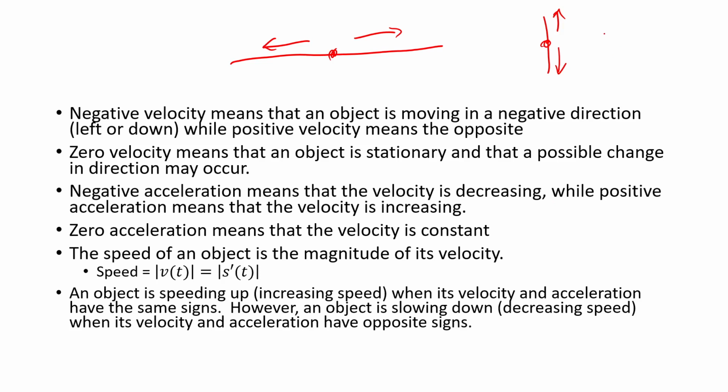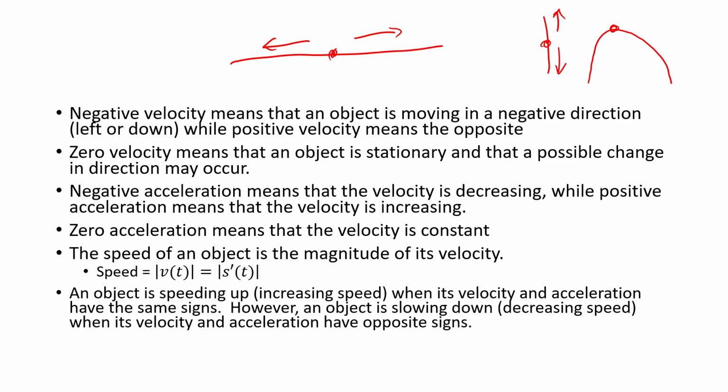Let's say there's a baseball and it's going up and then it reaches a maximum height and comes down. At that moment where there was a change in direction, the velocity stopped being positive and started being negative. Well, there was a brief instant at that change in direction where the velocity was equal to zero.